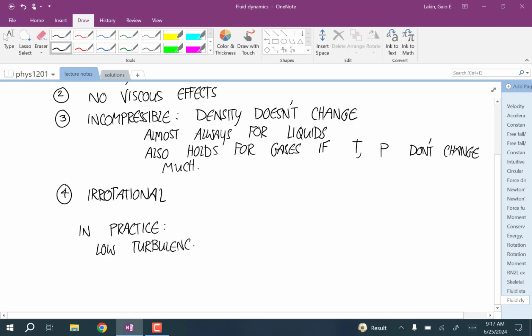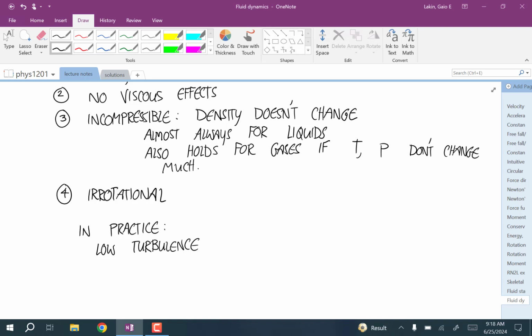Like a river that's moving really quickly through rocks, you get a lot of bubbles, you get a lot of sort of unpredictable effects near barriers. That's turbulence. Whereas if you get water slowly moving down a chute, you don't see a lot of these effects.